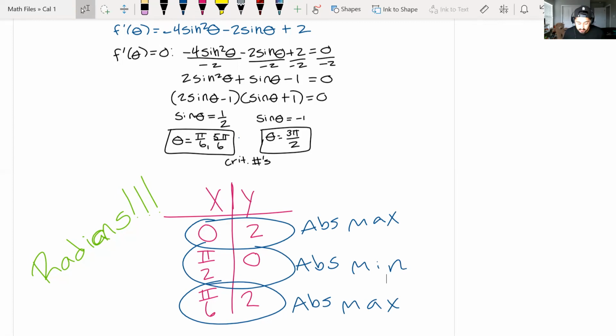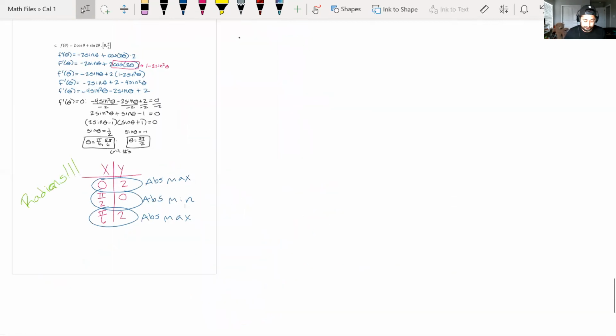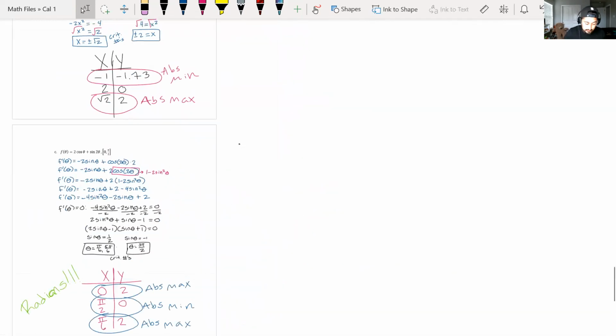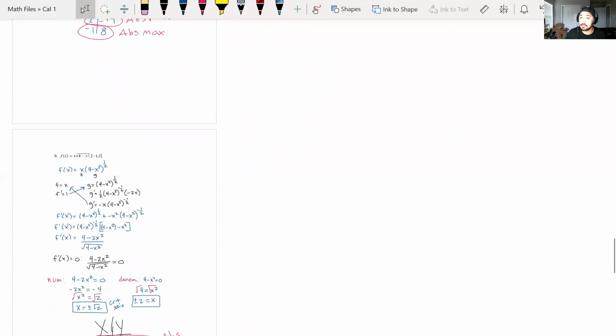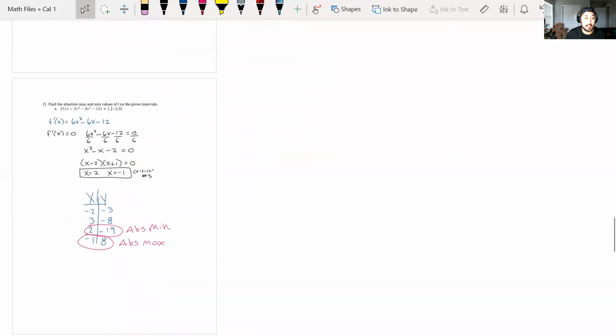There we go. Okay. And that's it. That is how you find maximum and minimums and test them on an interval.